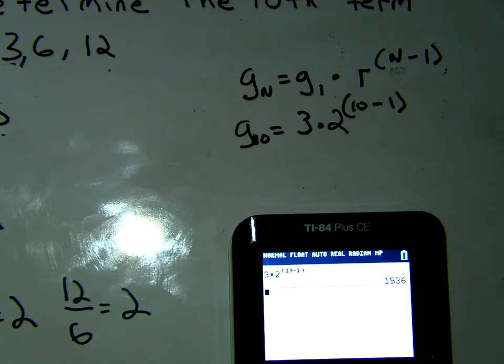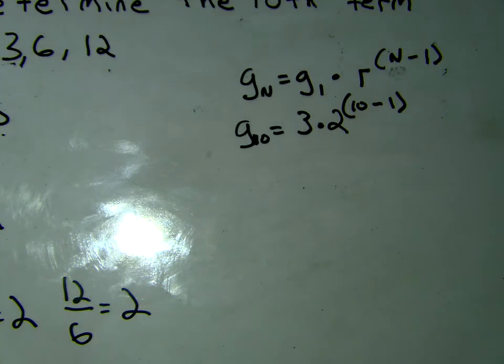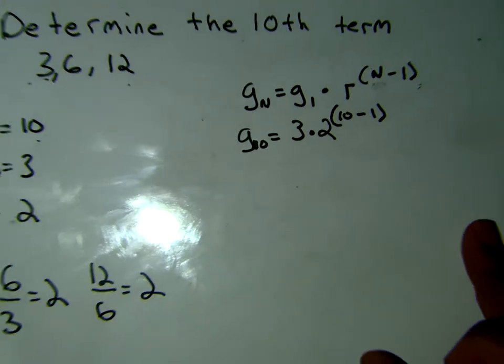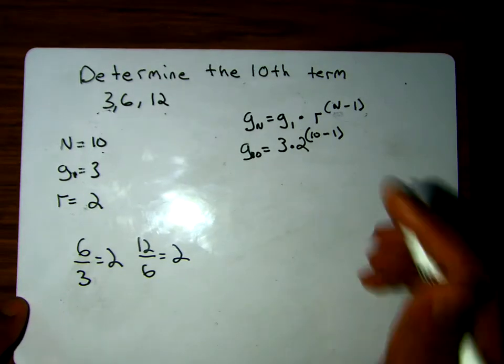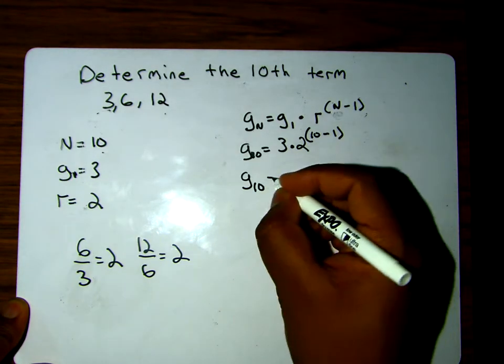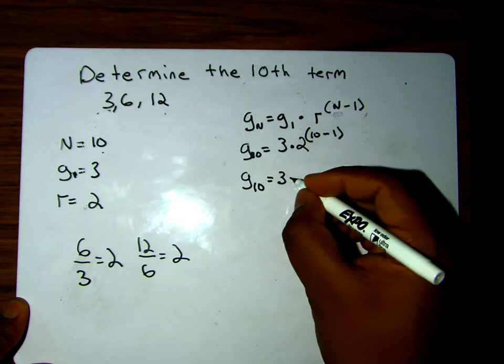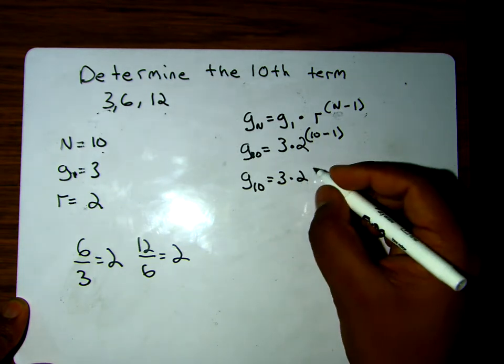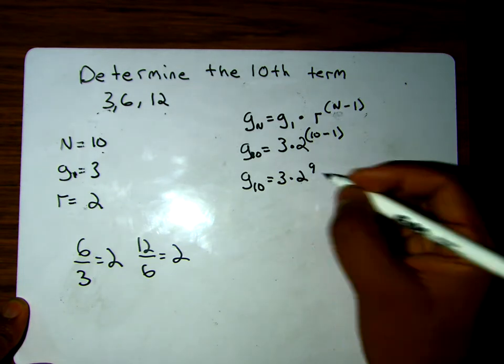So I'm going to show you how it is when you work it all the way out. You've got your 10 minus 1, and that's going to be your 2 raised to the 9th.